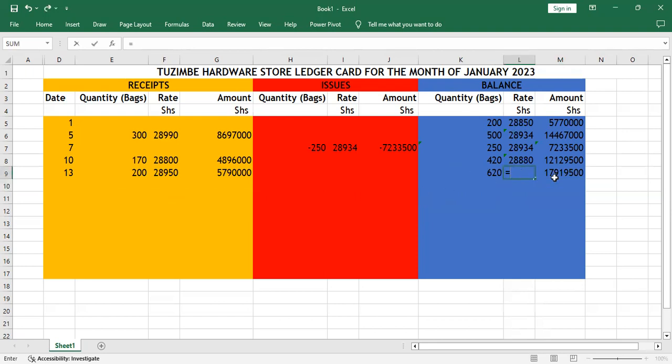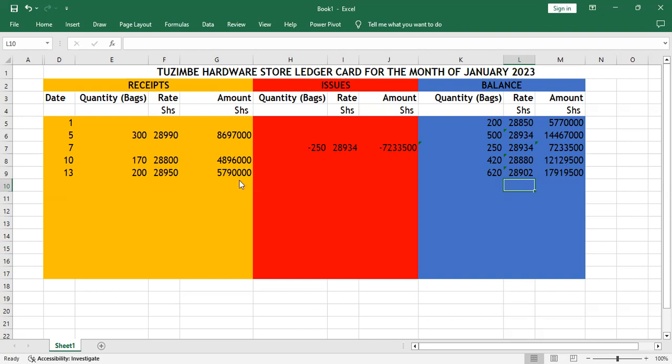How do we get the rate for the quantity of bags at the end, in our balance columns? We get the cost of goods available for sale. We divide by the number of units available for sale, giving us a weighted average price of 28,902.